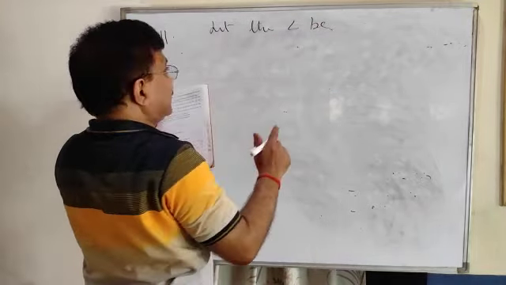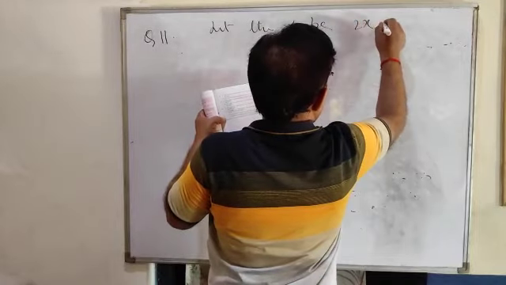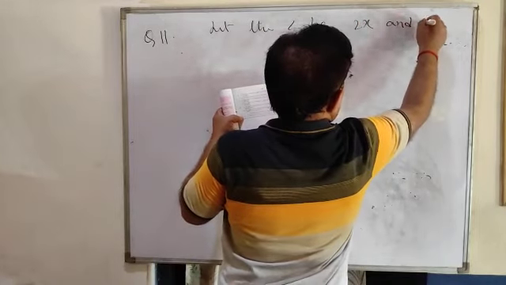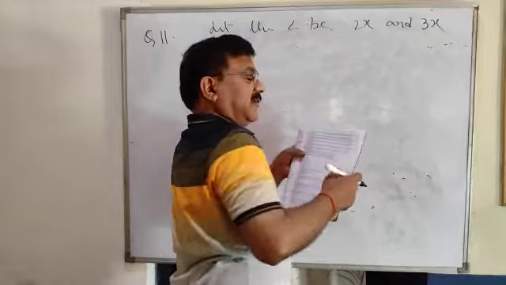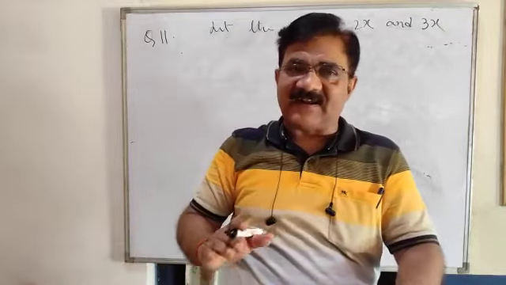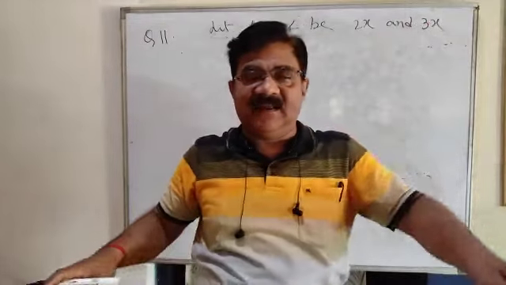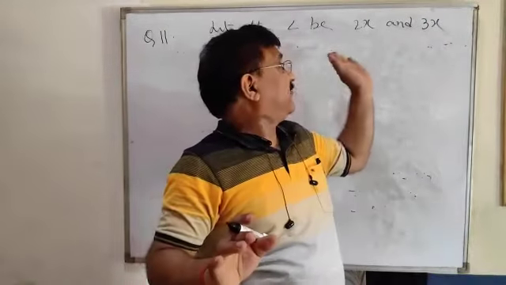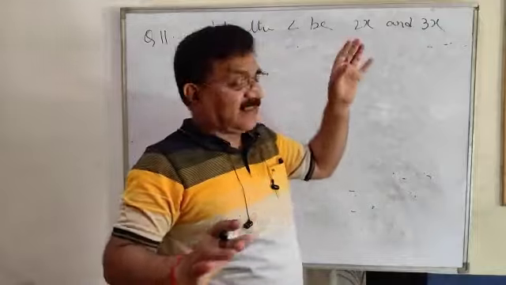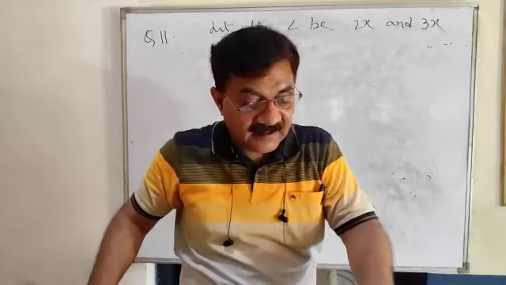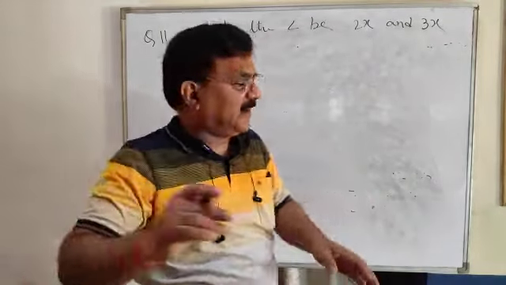Let the angles be, with ratio 2 and 3, 2x and 3x. Whenever a ratio is given, ratio means after calculation, after simplification, it came to 2 and 3. Two angles are in the ratio 2:3. Let the angles be 2x and 3x. And they are complementary.